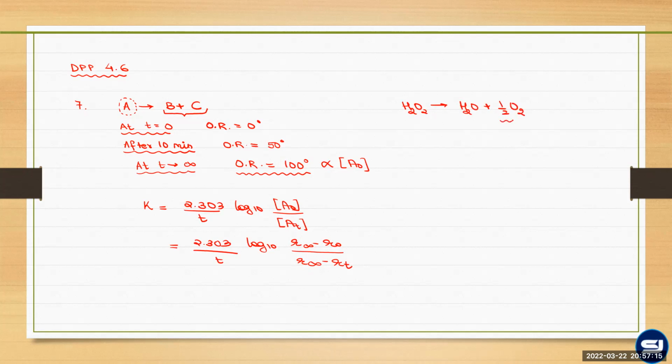The volume of oxygen is the volume of the product, right? Yes, sir. Initially, since it was liquid, its volume was taken as 0, so we took the value of V naught as 0, and that is why the formula was V infinity upon V infinity minus Vt. Here also R naught is 0, so it is R infinity upon R infinity minus Rt. Understood?